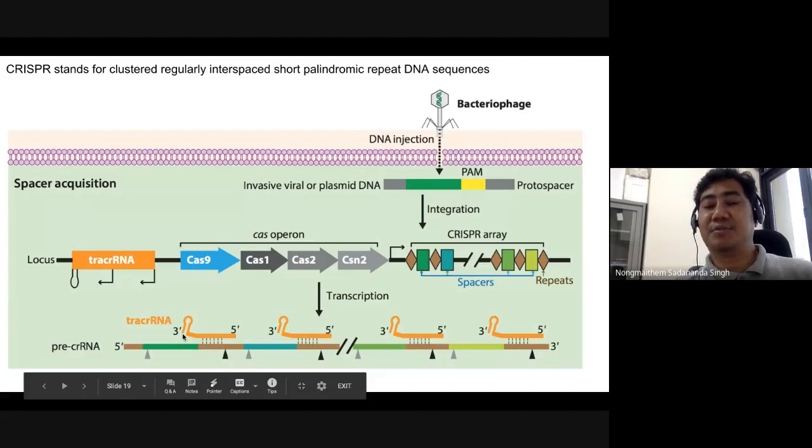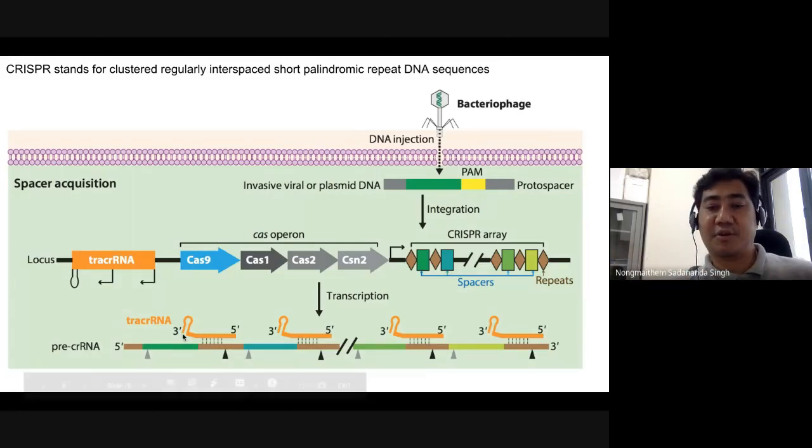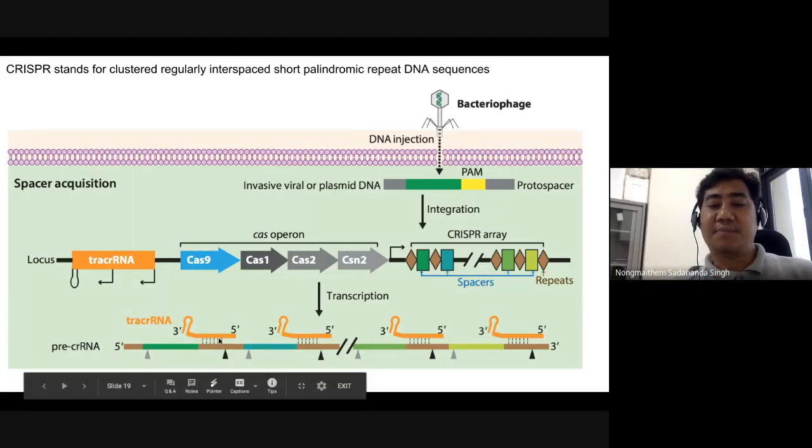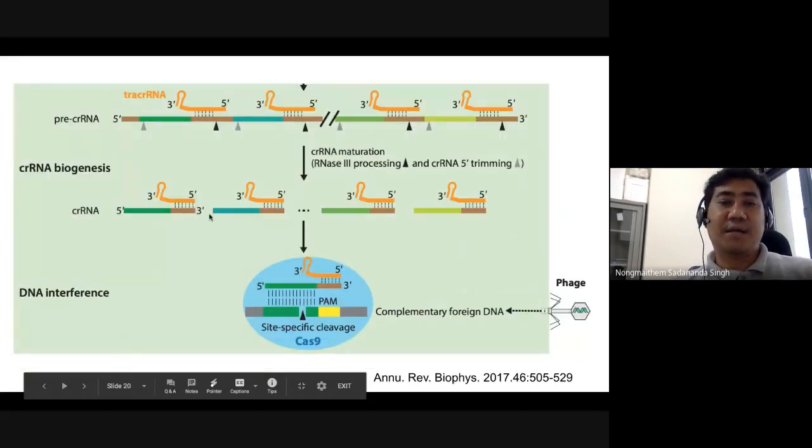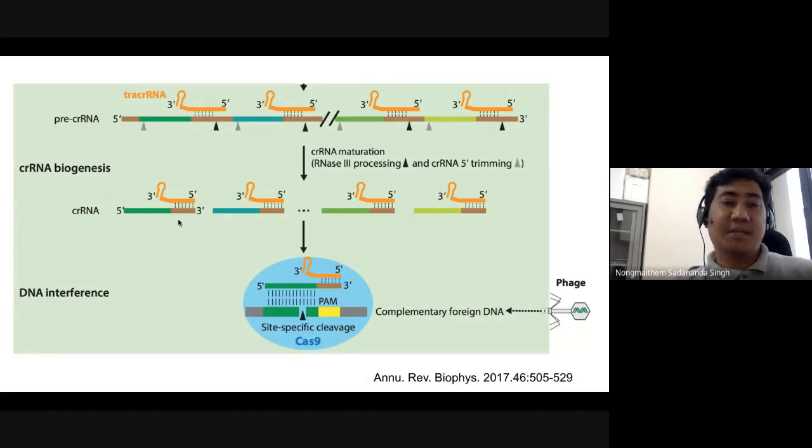Tracer RNA is independent of this array and comes and binds to the constant sequences through base pairing. Once it base pairs, these repeats are matured to give rise to the CRISPR RNA complex. It's a two-RNA molecule complex.